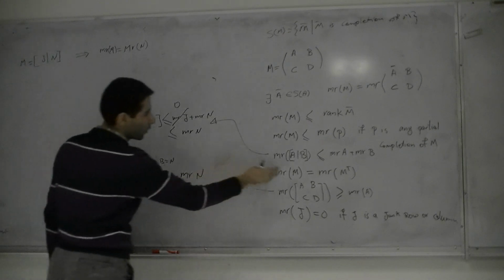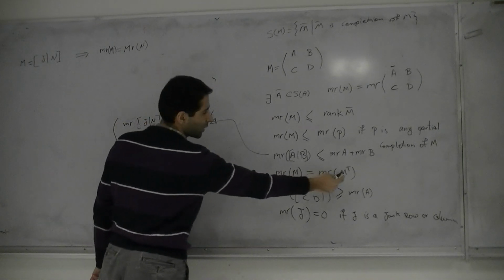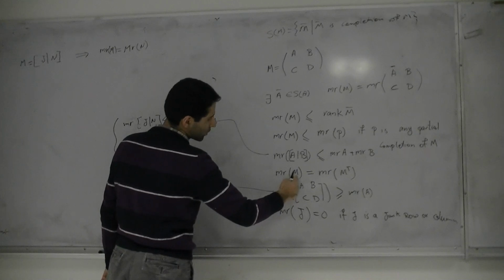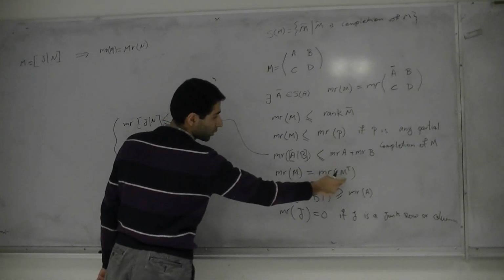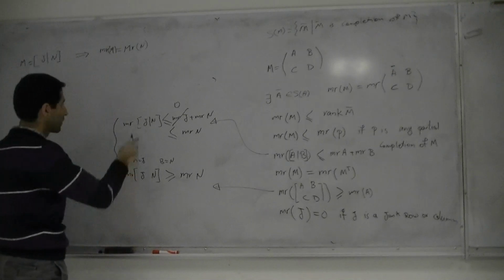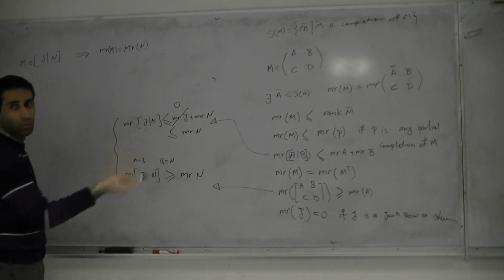And again we have here that the minimum rank of the transpose is equal to the minimum rank of the original, because it's the same for the column and the row.